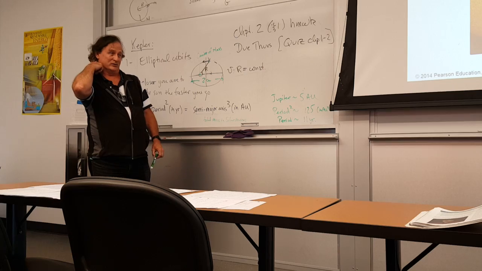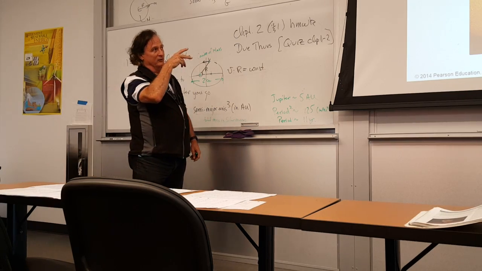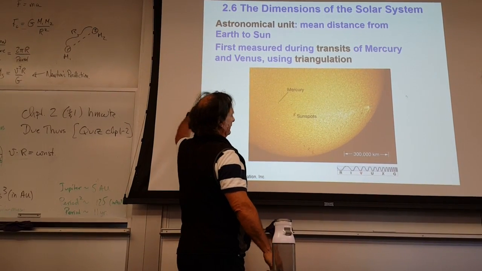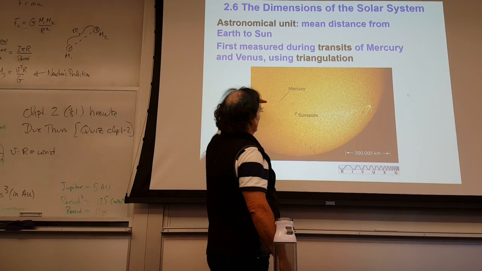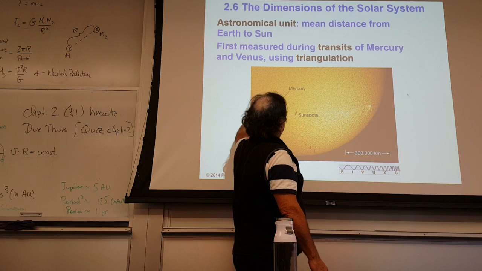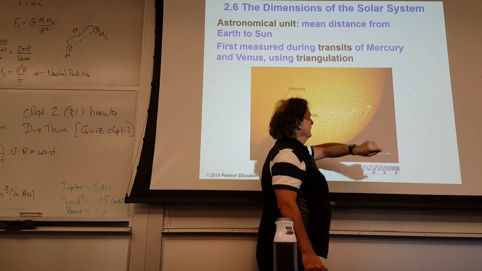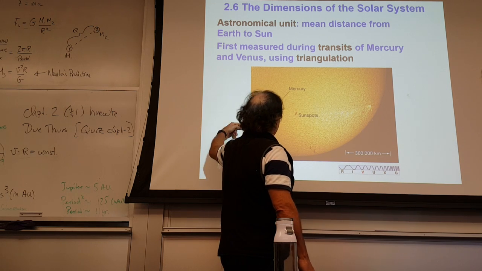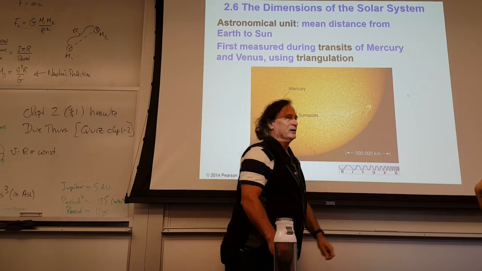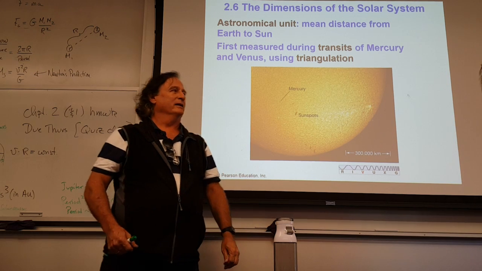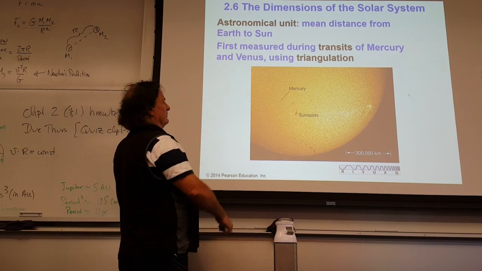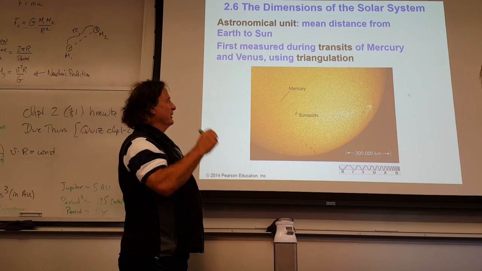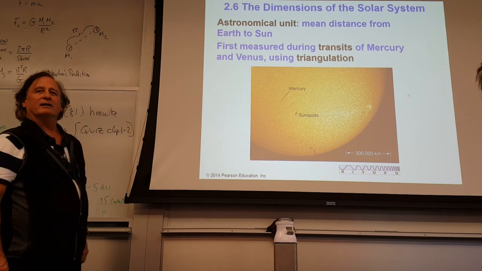So parallax was used, this idea where you see things from two different points of view. Take Mercury or Venus, one of the inferior planets, going across. You can see the trajectory from different latitudes. One latitude might look like this, another like that. So you have a baseline, and you have some place that's relatively distant, and you can get an estimate of how far away Mercury is from the Earth.